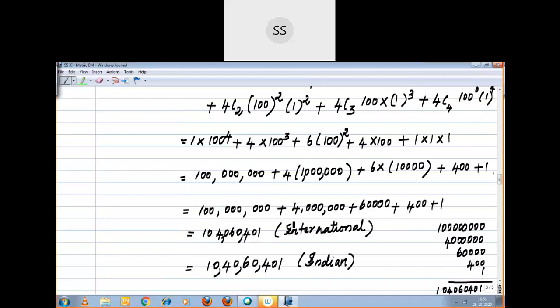Got it? It is Indian. This is the Indian system. This one is international. Any one you can adapt and express your answer. Got it, children? Thank you, children.